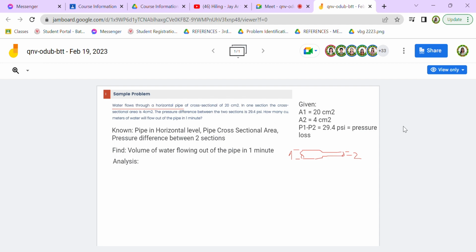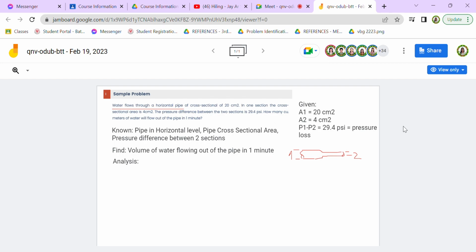You can say that those are pressure loss also, kasi from point 1, yung pressure mo bumaba sa point 2. Then ang hinahanap is yung water flowing out of the pipe in 1 minute. How many cubic meters of water will flow out in the pipe for 1 minute?